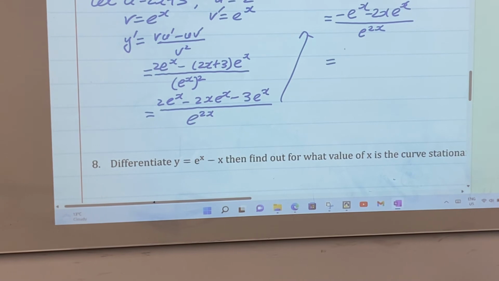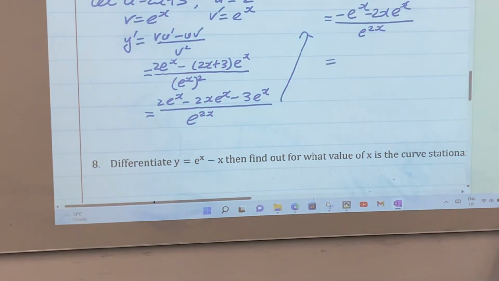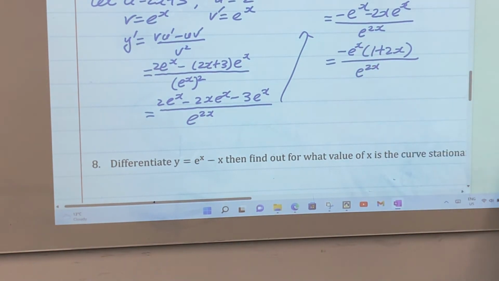Then I simplify. What's the common factor on the top? I get minus e to the power x here, minus e to the power x here. Therefore, I need to be able to identify that the common factor is minus e to the power x. So on the top now it's a factorizing skill, back to year 9, year 10. So minus e to the power x is a common factor. I take it out. I get 1 plus 2x, then e to the power 2x. I got e to the power x here and e to the power 2x here, which means one of those has to be cancelled.